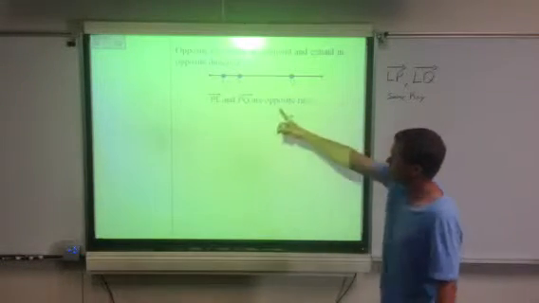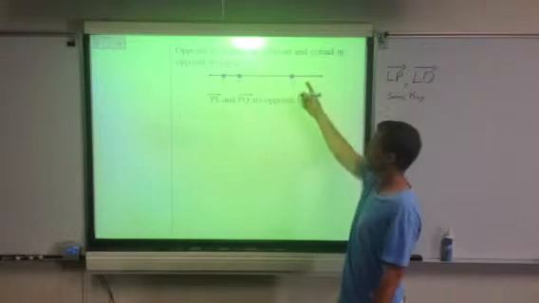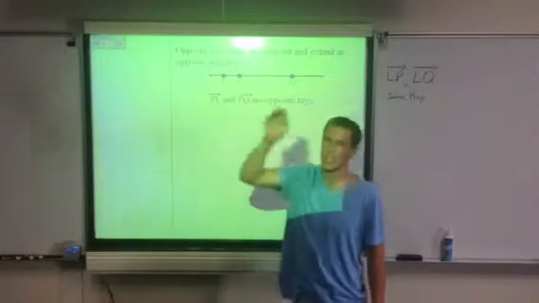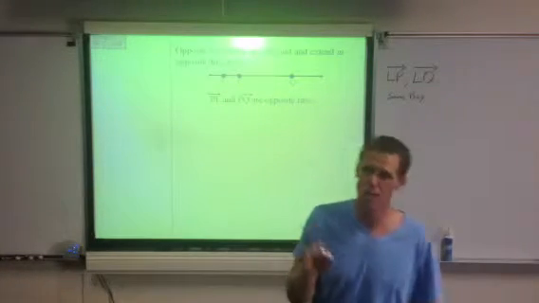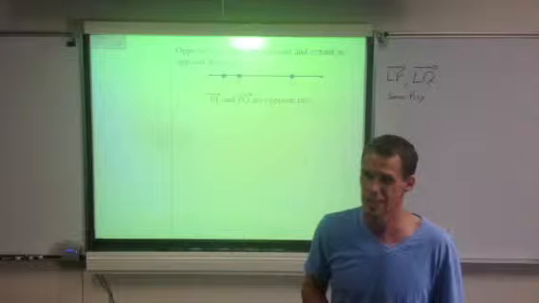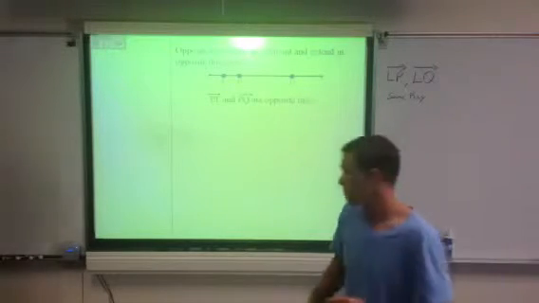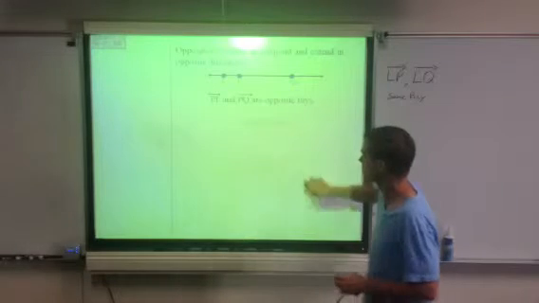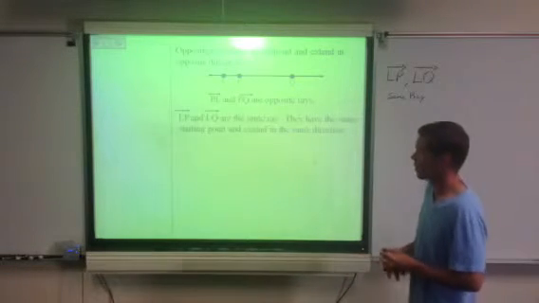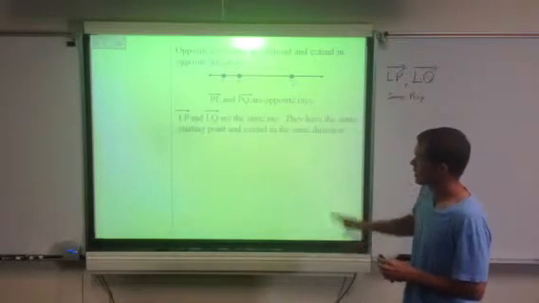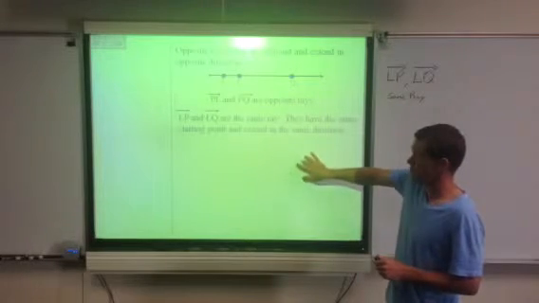Ray LQ and ray QL, those are not opposite rays. Just because they go in opposite directions does not make them opposite rays. They must have the same start point. So, LP and LQ are the same ray, same starting point, extend in the same direction.